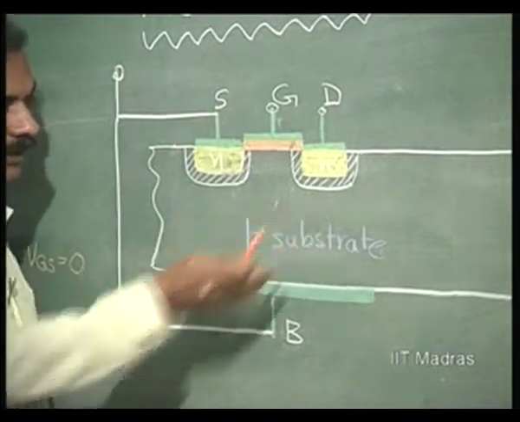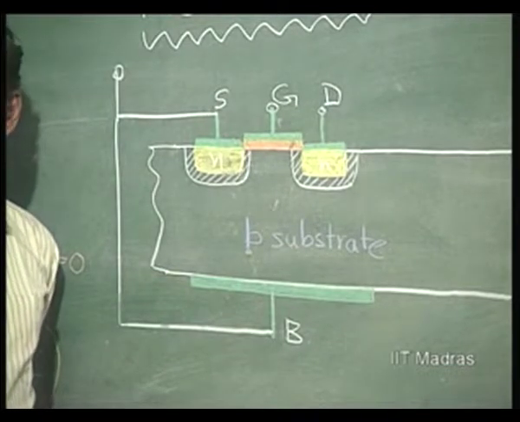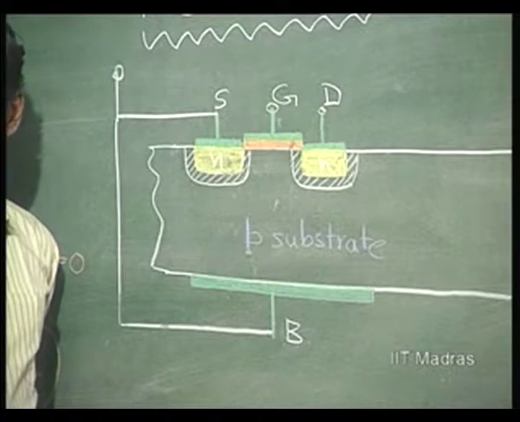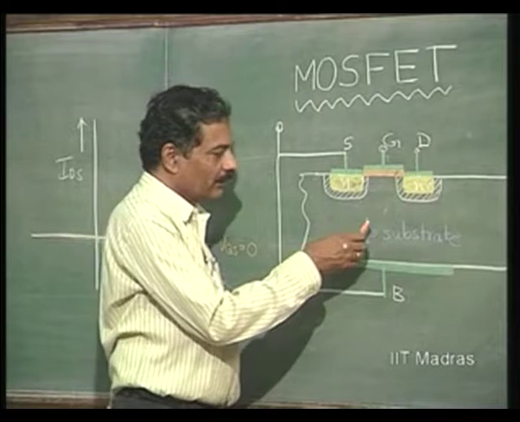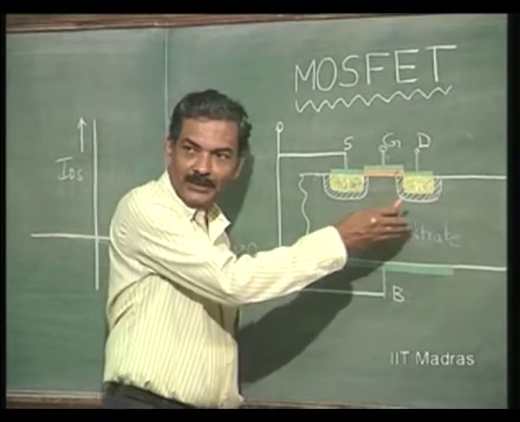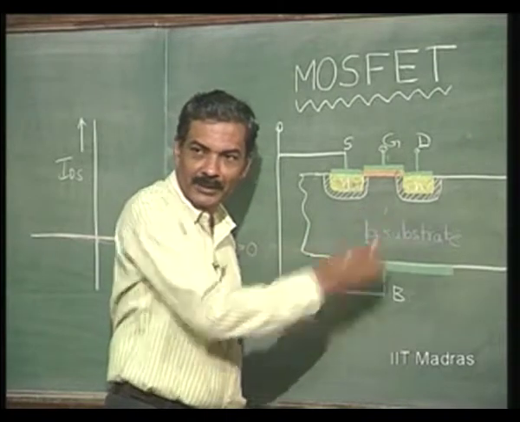the P substrate contains a lot of mobile carriers, which are electrons as well as holes. Electrons are the minority carriers, holes are the majority carriers.